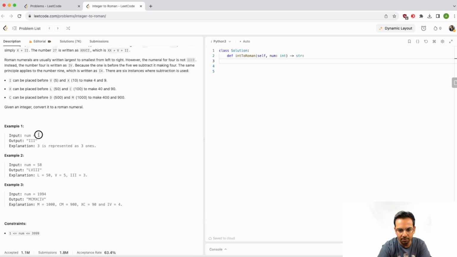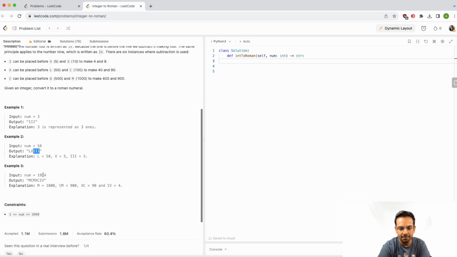So if we are given number 3, we will return III. 58 would be written as L for 50, V for 5, and 8 would be 3, so III. Same goes for 1994. First, 1000 would be represented by M. Next, 900, the 9 would be written by CM.